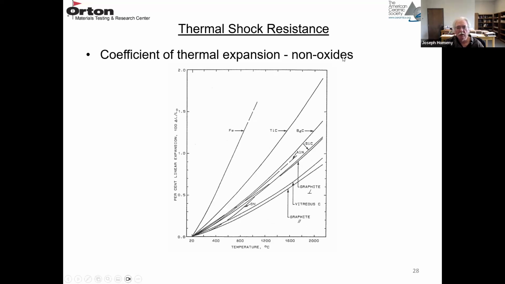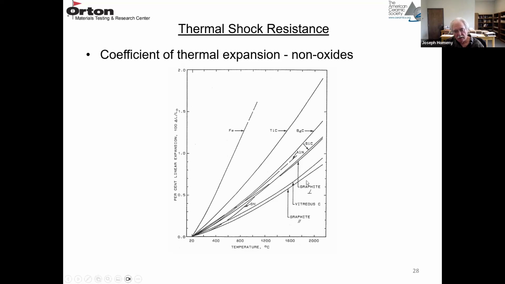And this is the curve for the non-oxides. Same scale, percent expansion versus temperature. And here's titanium carbide, boron carbide. Here's silicon carbide, and boron nitride down here. So these are a little bit lower.